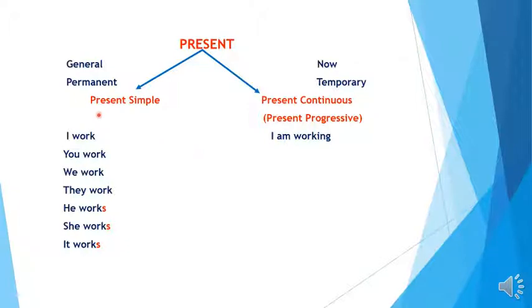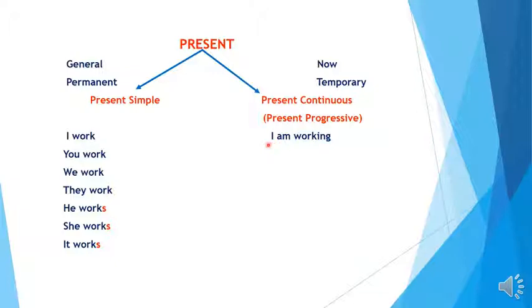Today we are looking at this present simple. First, look at this example given here. I am working. In this example, you see the verb is with ing, and also you have am.